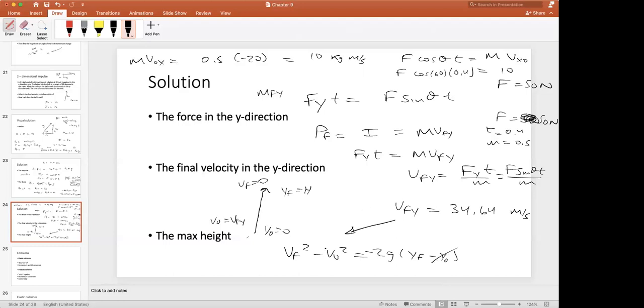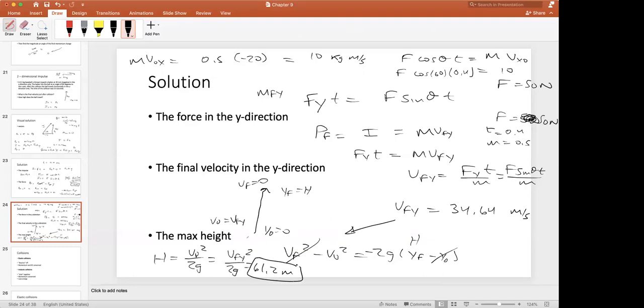So this goes away, this goes away, this becomes H. The negative sign cancels, and we get that H is V initial squared over 2g, which is V final Y squared over 2g. Now 34.64 times itself is 1200, divided by 2 times 9.81 is 61.2 meters.